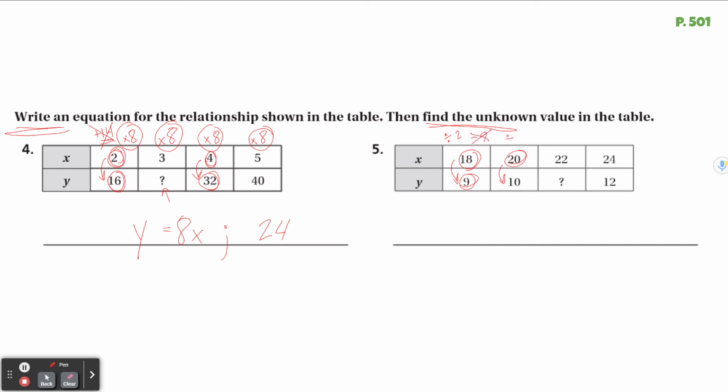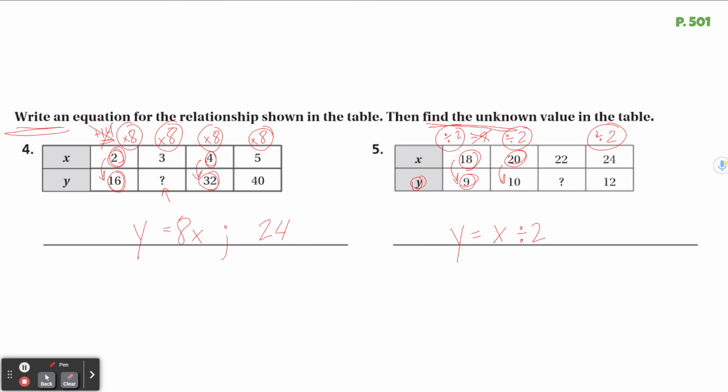So it's going to be divided by 2. That's the one that works for both of those. And then 24 divided by 2 is also 12. So our equation to get to this bottom number, that y, is going to equal the top number, x, divided by 2.